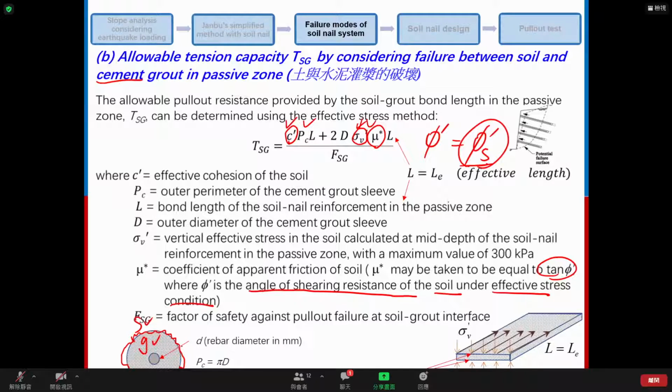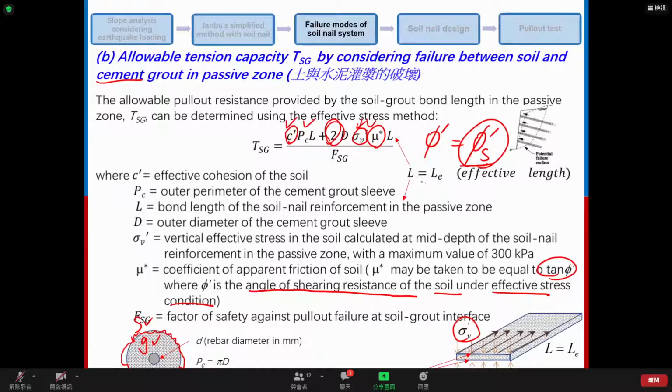And another one, we convert the circle section into a plate section, as shown here, to consider the friction contribution by the soil and the grouting. You see, we have a 2 here because the force is applied on the top surface and also the bottom surface, so we have a 2 here, with the sigma v prime, right? That's why we have 2 here.